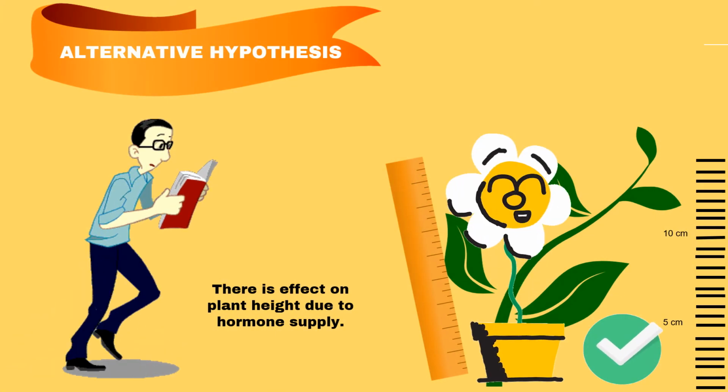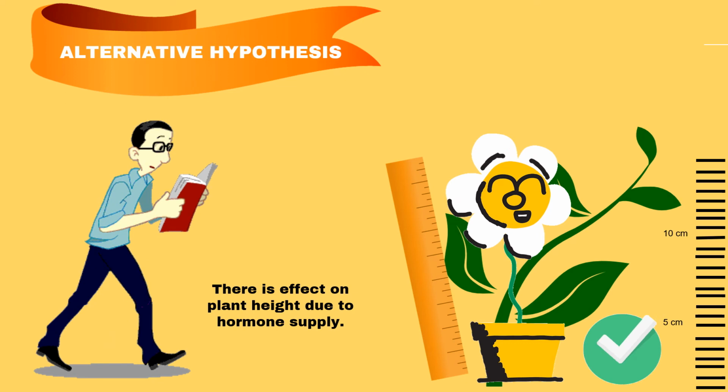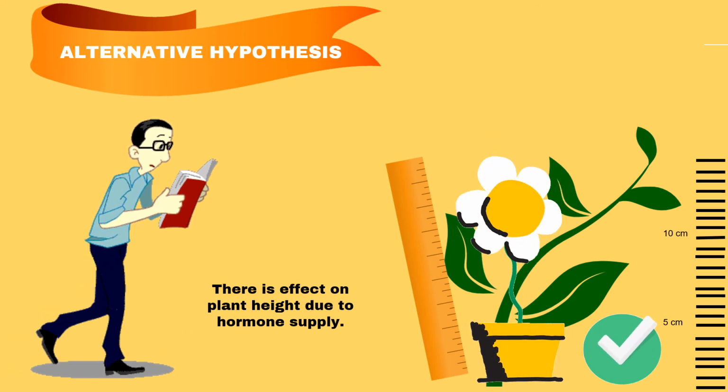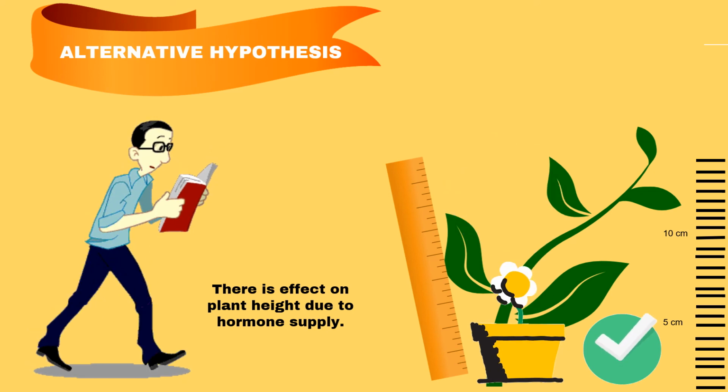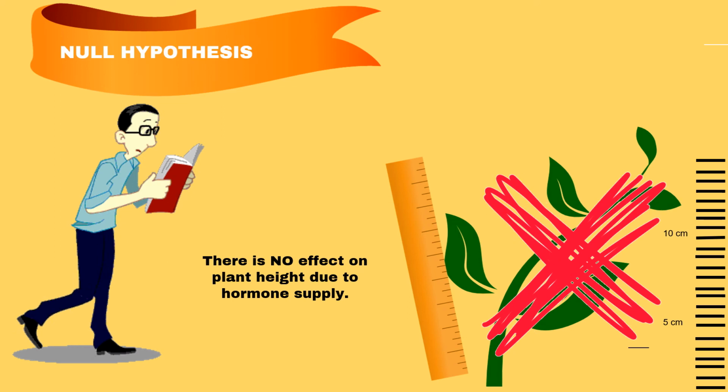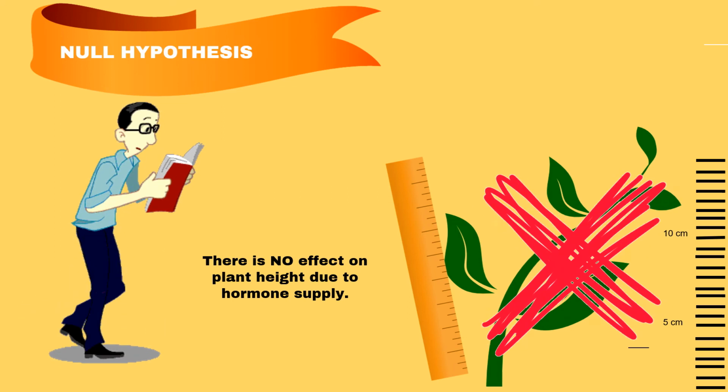What we are trying to provide is the evidence for the alternative hypothesis, so that there is always an effect on what we are testing. Then, we set up the opposite as the null hypothesis, and find the evidence to disprove it.